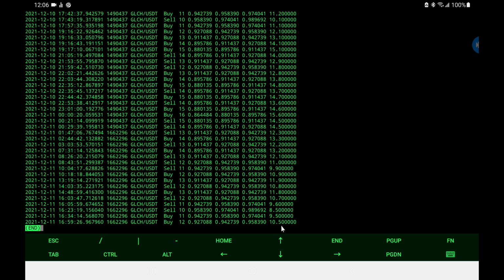Here I have a budget of 10. So in this process, even though my depth hasn't changed, I've managed to sell off 5 glitch. Yeah, not a lot of money involved, but reasonably speaking, over time, this has done very well.